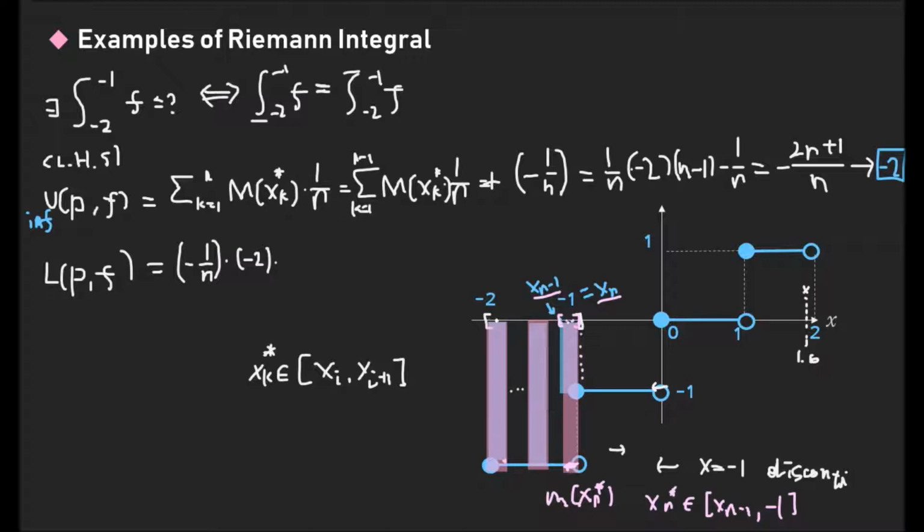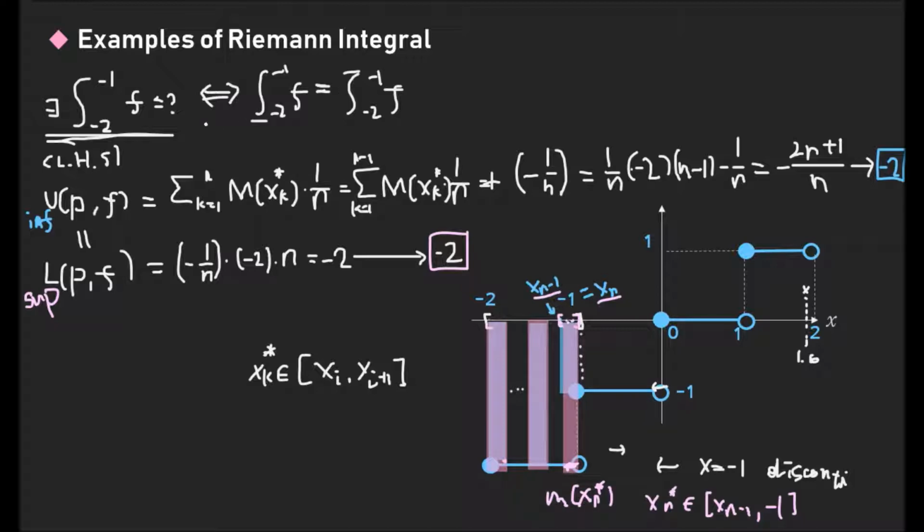The partition is the n partition. So this is just minus 2. And this value is minus 2 as we take the supremum of this area. Because these two values are the same, we can say this value exists.